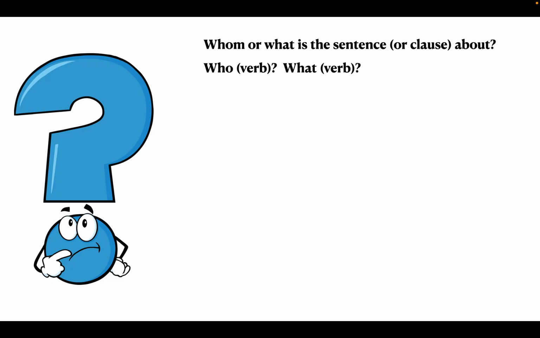So whom or what is a sentence or clause about? So we can say who blank verb or what blank verb. And that's always going to give us the subject. So either question is going to direct us to the subject. So what is being said about the subject? This helps us find the verb.